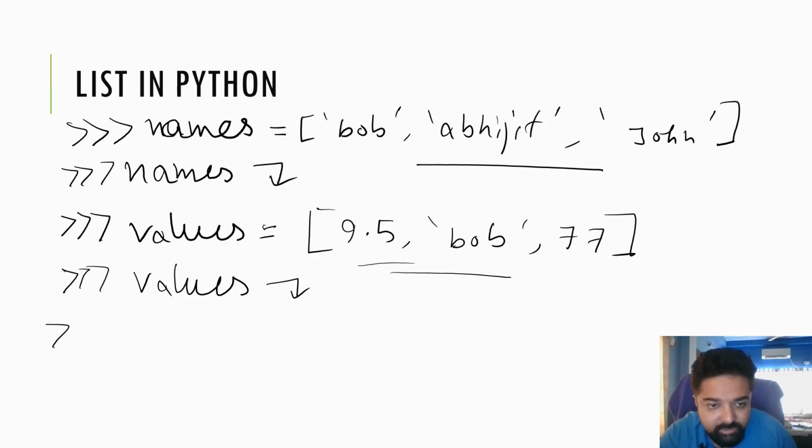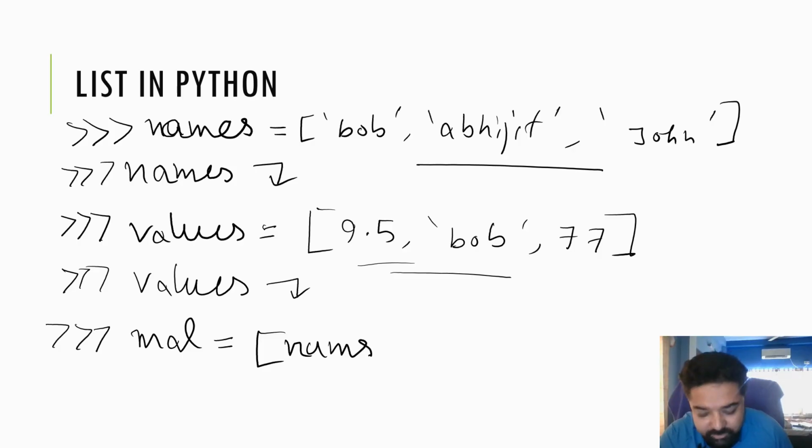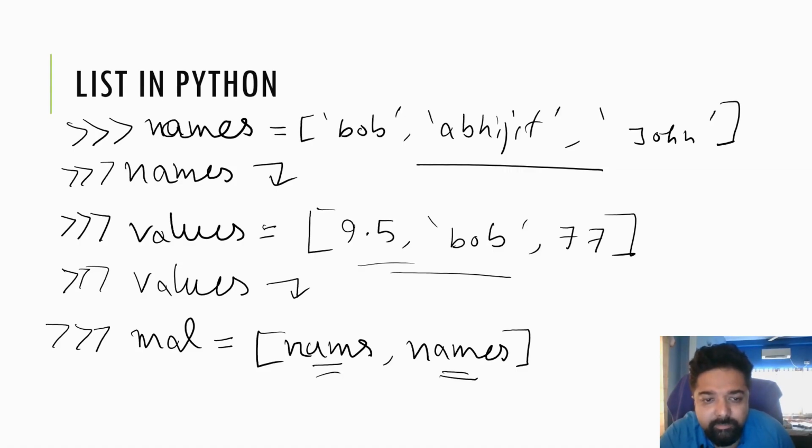Now do something new. Let's take another variable. Suppose email is equal to nums comma, okay, name is string type and number is number type, and this will work.